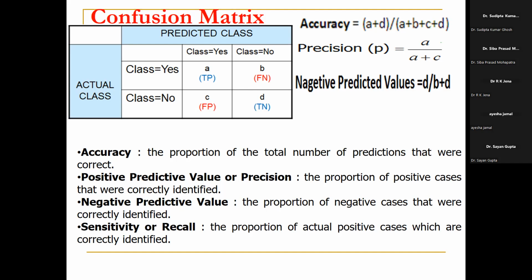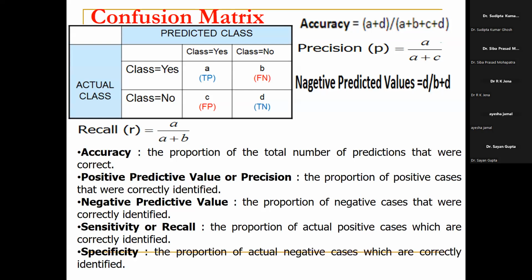That is A divided by A plus B. So A divided by A plus B is called sensitivity or recall. Finally, there is another metric generally used to find the performance of a logistic regression. That is called specificity. Specificity is the proportion of actual negative cases which are correctly identified. How many negative cases are there? C plus D.